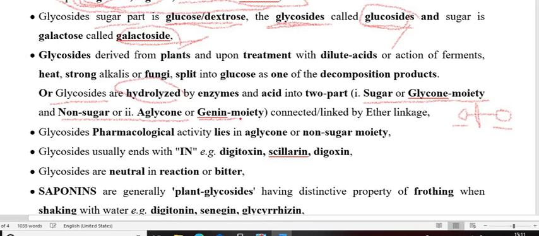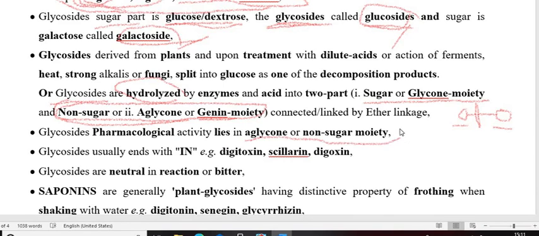Of these two components of glycoside, the sugar moiety or glycone, and the non-sugar moiety or aglycone or genin, the pharmacological activity is present in the non-sugar moiety. Means the non-sugar moiety of the glycoside, the aglycone or genin, possesses the pharmacological action.